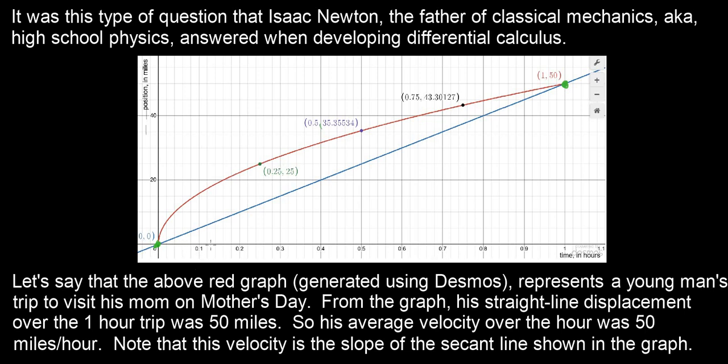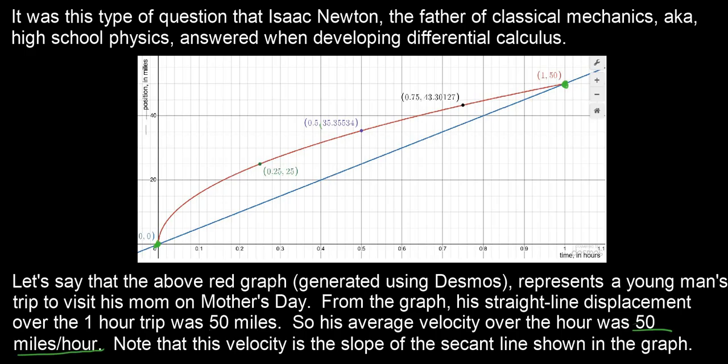If we look at those two points that I've highlighted in green, if we go with the notion that average velocity is displacement over a change in time, his position has changed by 50 miles and the time has changed by 1 hour. So his average velocity for the entire trip was 50 miles per hour.